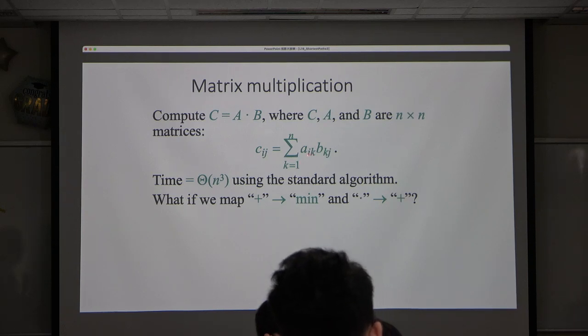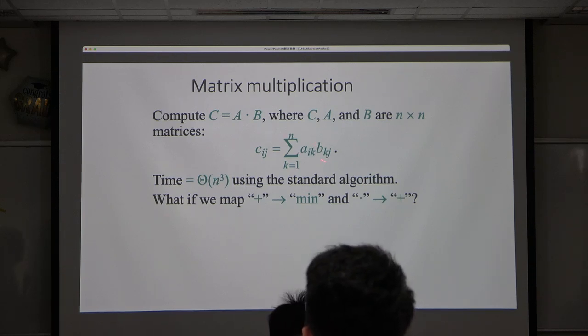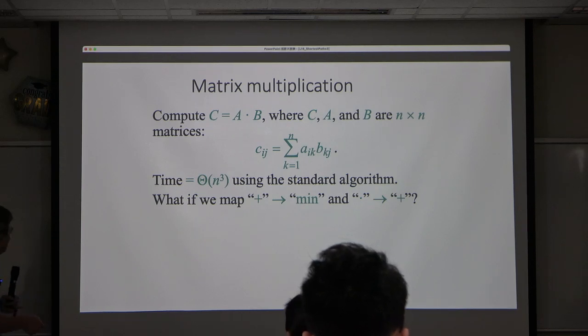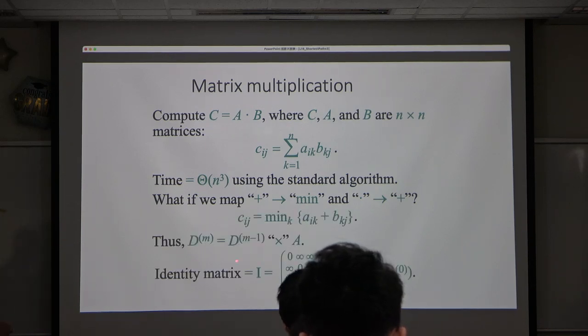So it's going to be A_ik plus B_kj, and the summation becomes finding the minimum out of them. It doesn't change the complexity, but it helps us to deal with this one.